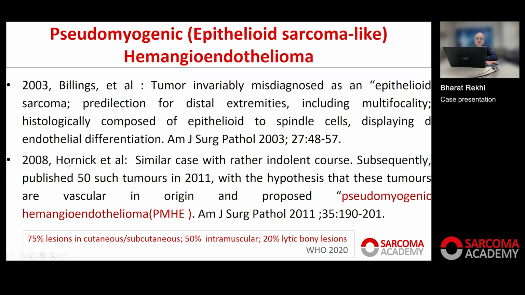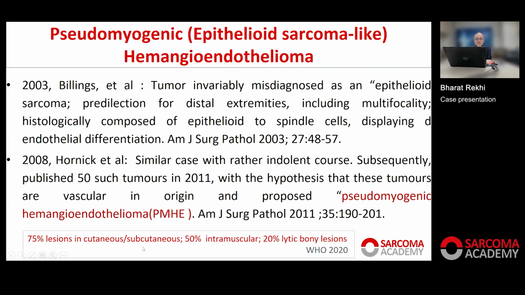In 2008, Dr. Hornick had similar observations, and he published 50 such tumors in 2011, and designated this as pseudomyogenic hemangioendothelioma, which is actually epithelioid sarcoma-like, but not. So we don't use this term epithelioid sarcoma-like, and it's now pseudomyogenic hemangioendothelioma in the recent WHO classification.